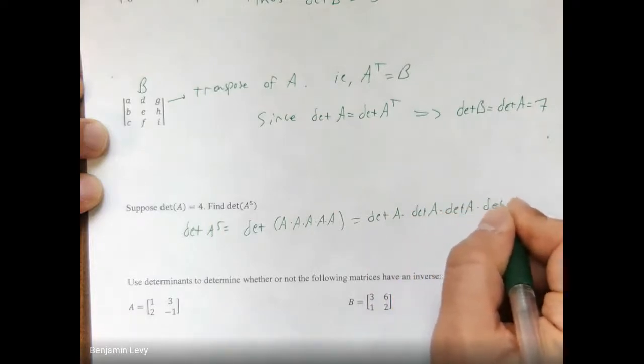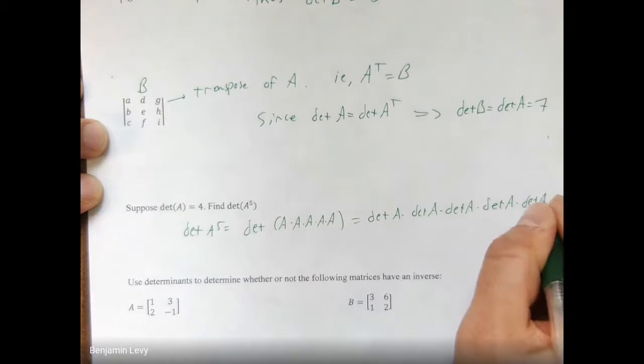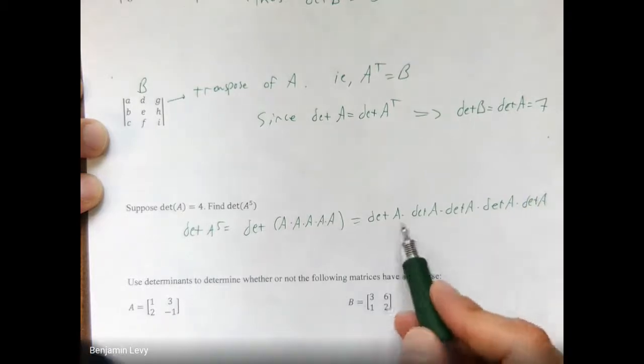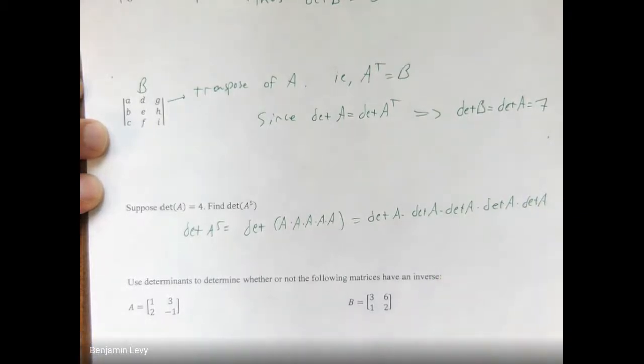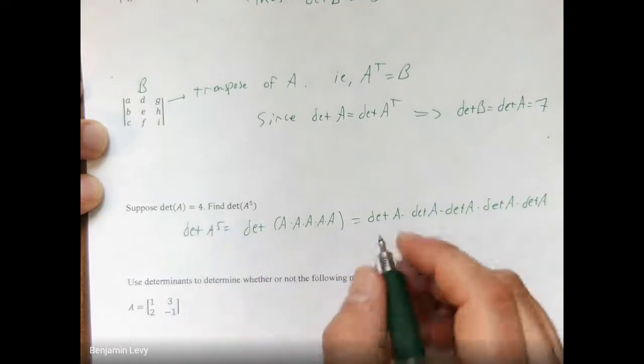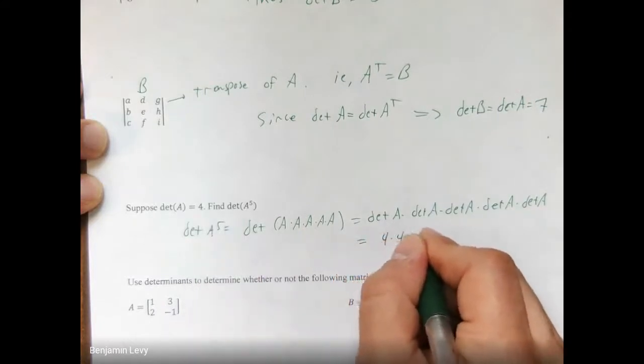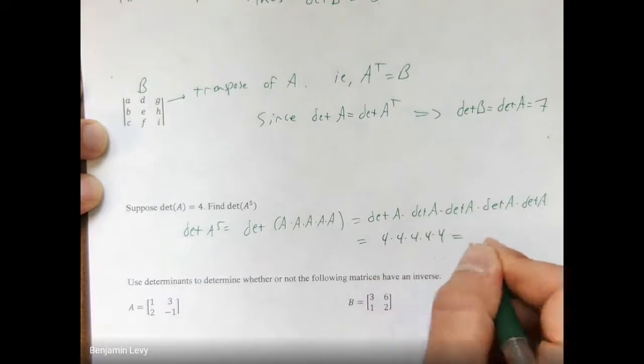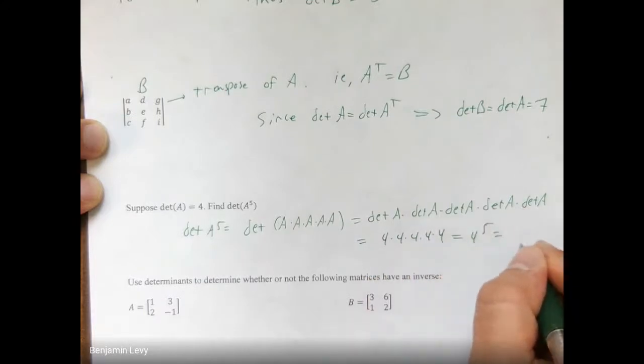So we just multiply 4 by itself 5 times: 4 times 4 times 4 times 4 times 4, or 4 to the 5th, which is 1024.